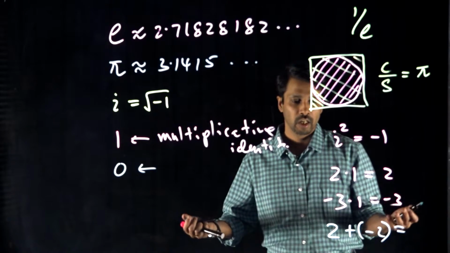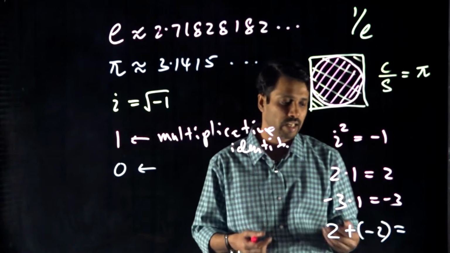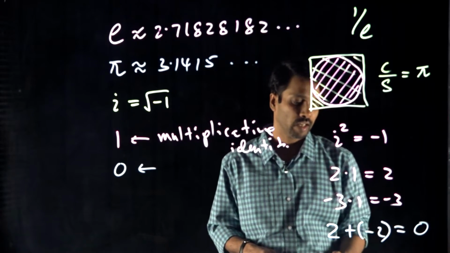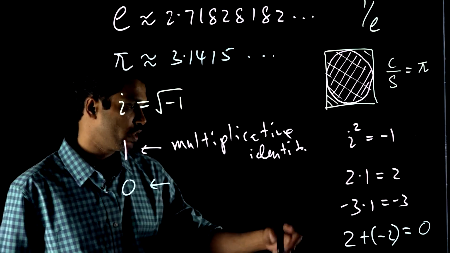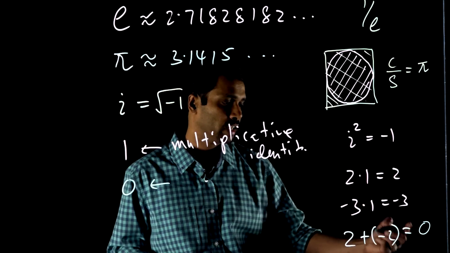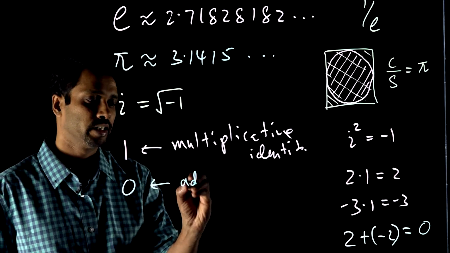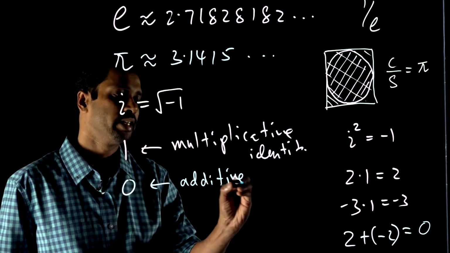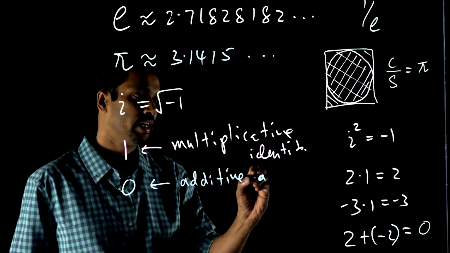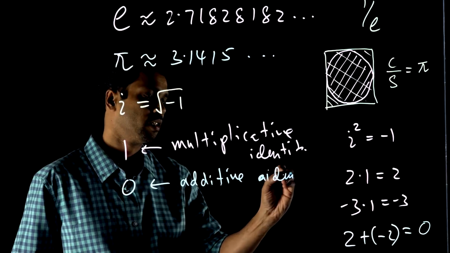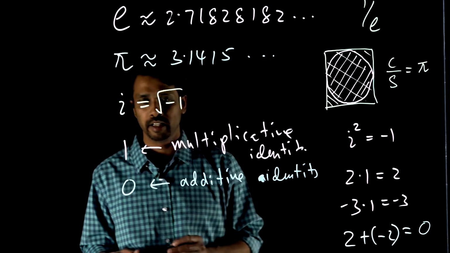When you add 2 with negative 2, they annihilate and you end up getting 0, like they disappear. That's what we call the additive identity.